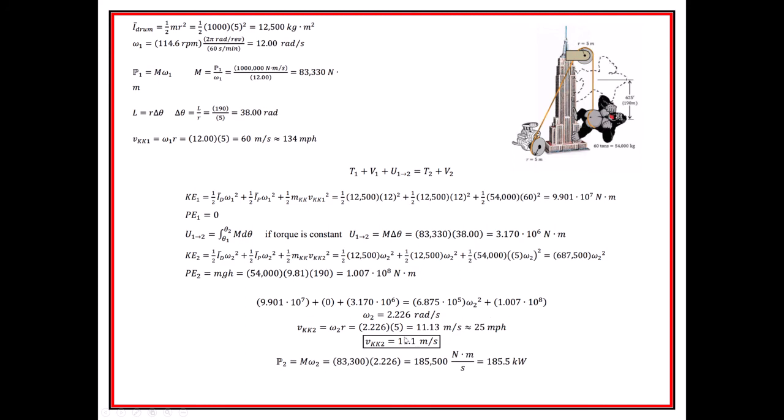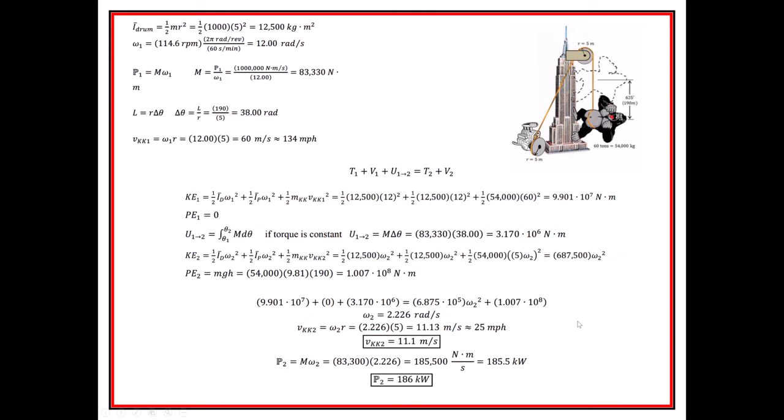And now we can figure out what the power is going to be. We take that torque times that RPM, and so we see that it is still putting out quite a bit of power, 185 kilowatts, but not nearly as much as the 1,000 kilowatts to start with. And it was all because we decided it was constant torque, so it's 186 kilowatts.